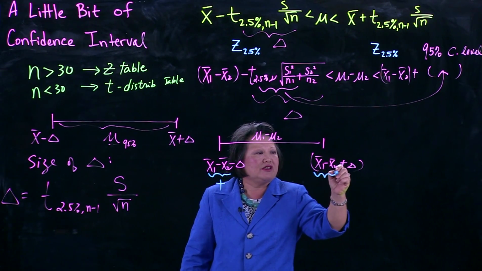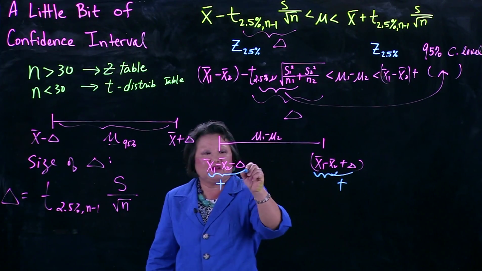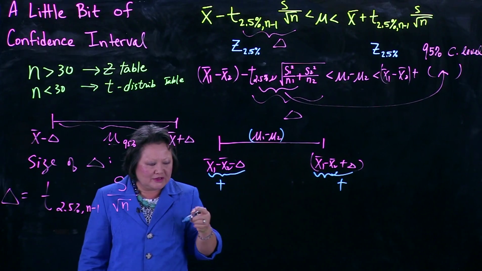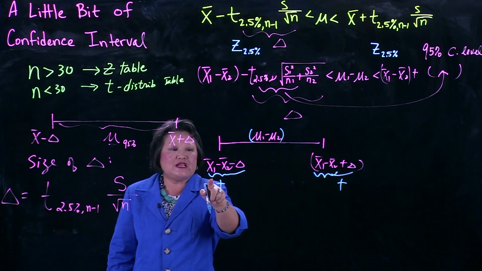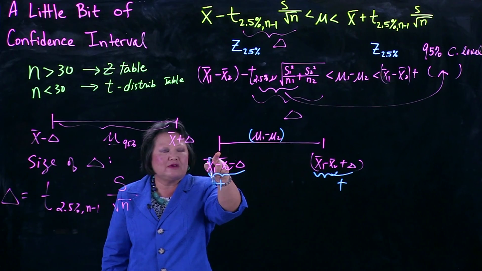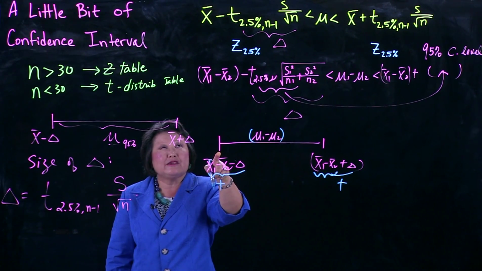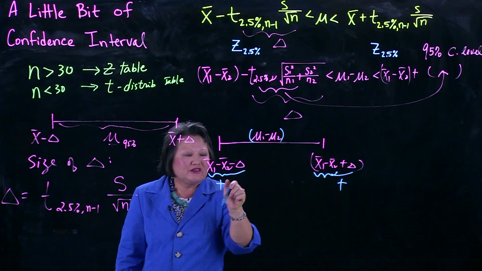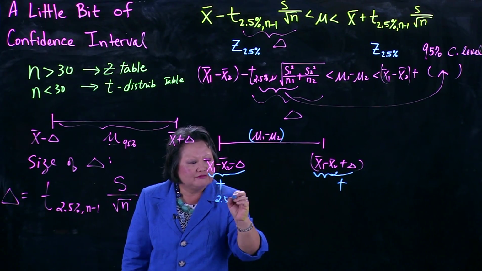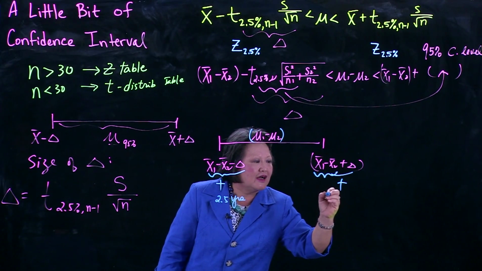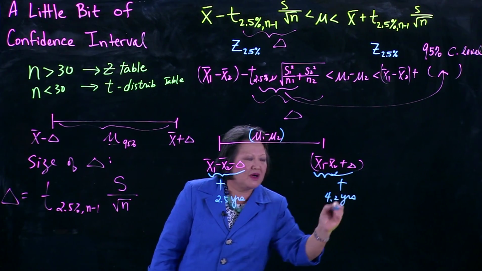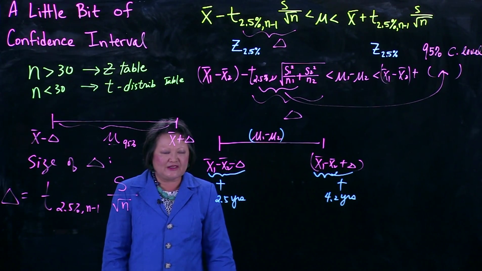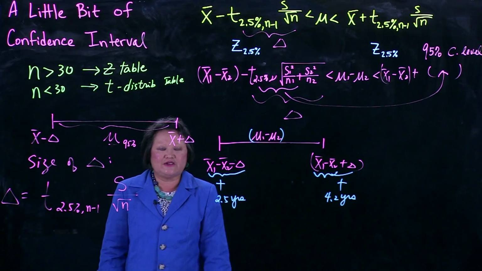That means I don't know what the actual improvement in longevity is, but I can tell you it improved by between this number, in days, months, years, or miles, and this number. So you want both positive. Say this is 2.5 years and this is 4.2 years. This is the engine part, let's say. Both are positive. Then you can say, yes, my improved process did increase the longevity of a part.